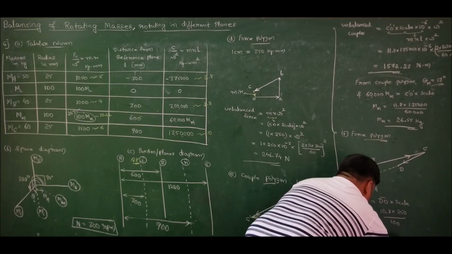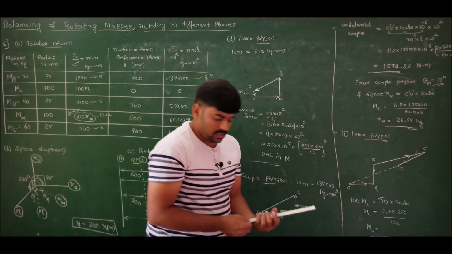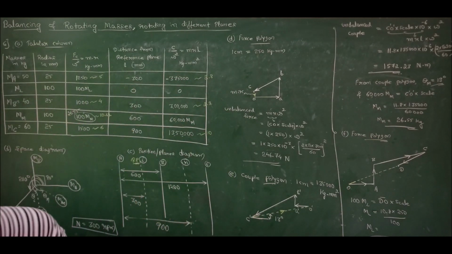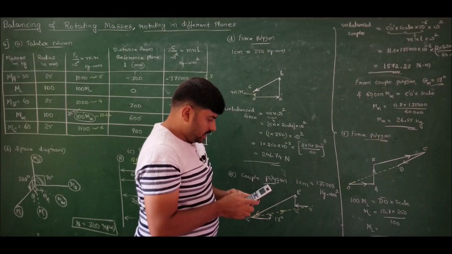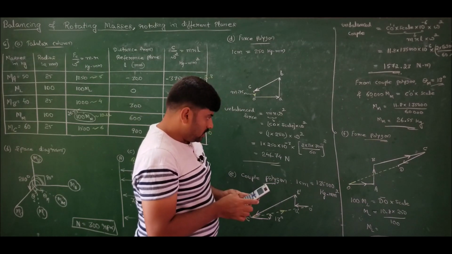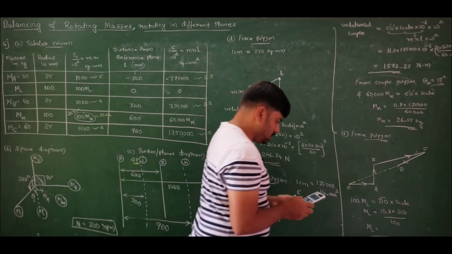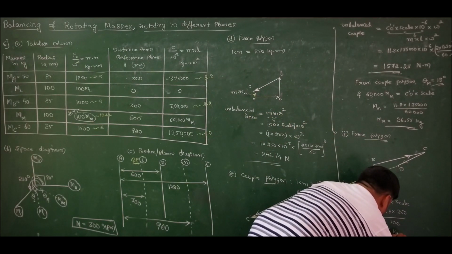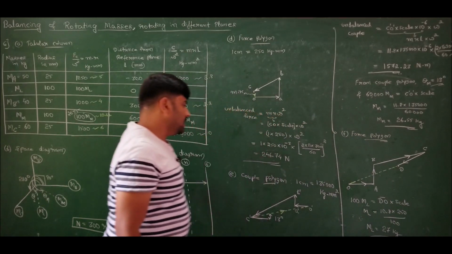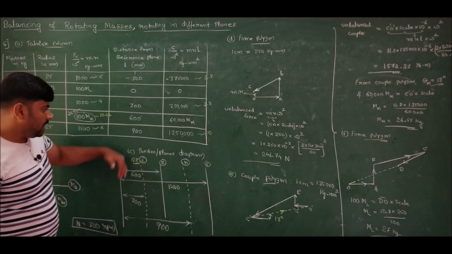Hence mass mL is turning out to be 10.8 into 250 divided by 100, which is 27 kg. So this is the balancing mass rolling in plane L.